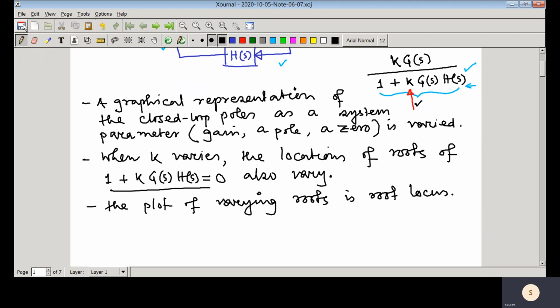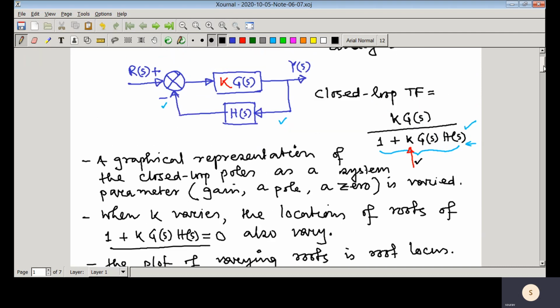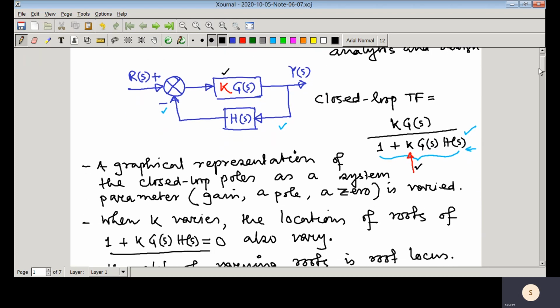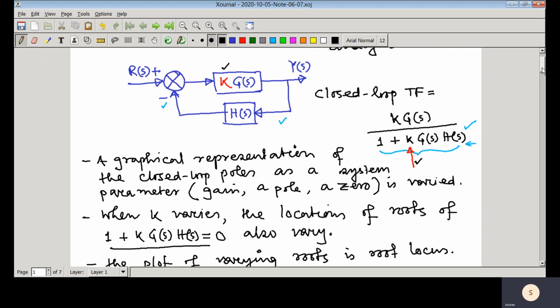So this root locus technique is a graphical representation of the closed loop poles. If we consider a closed loop control system where this parameter K is varying, what would be the location of the closed loop poles? Its graphical representation is root locus.